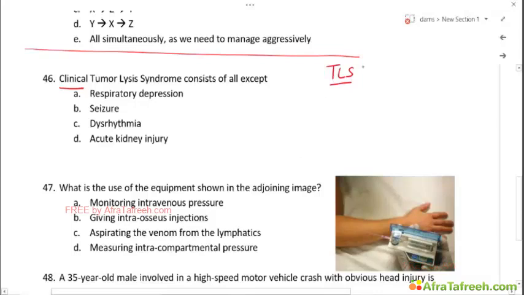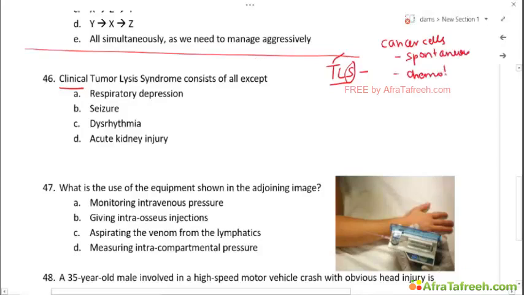So the tumor lysis syndrome is, as the name suggests, lysis of tumor cells causing a syndrome of findings. So whenever there are cancerous cells, they could lyse either spontaneously, following chemotherapy.